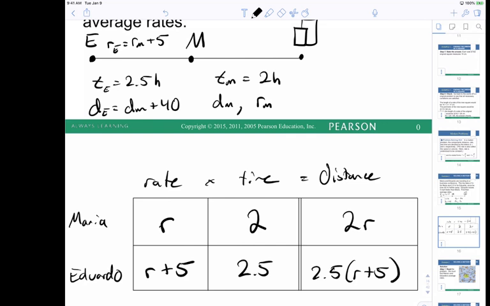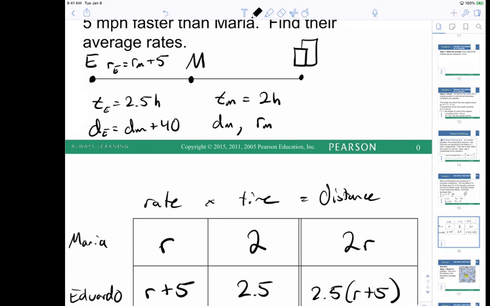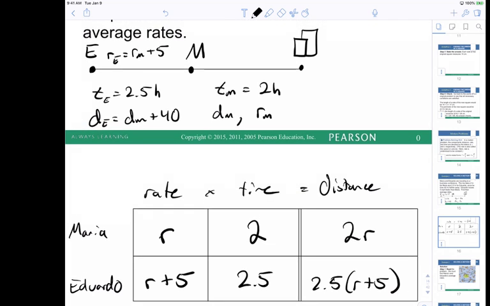Maria's distance, Eduardo's distance. And then what can you tell me about their two distances? What comparison do you have about Eduardo's distance in comparison to Maria's distance?